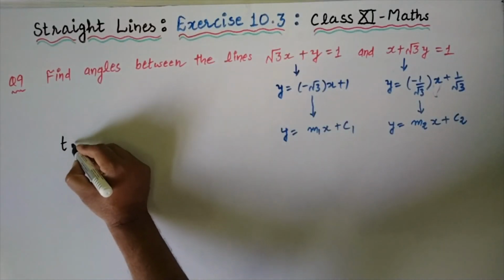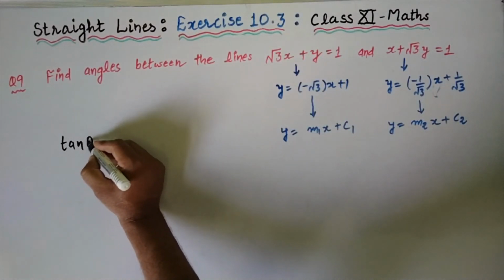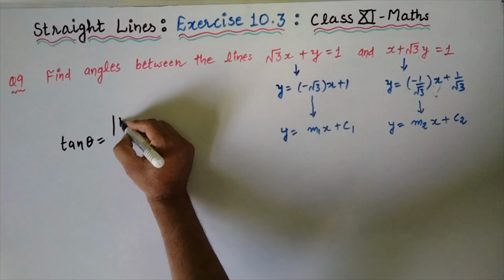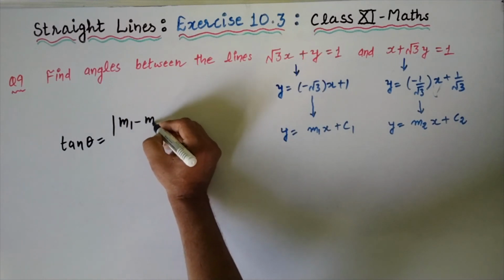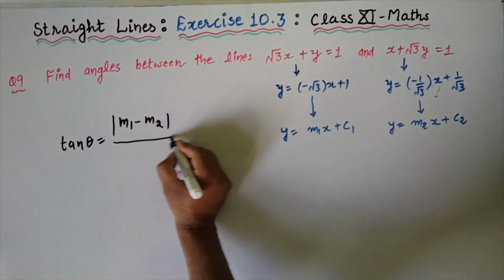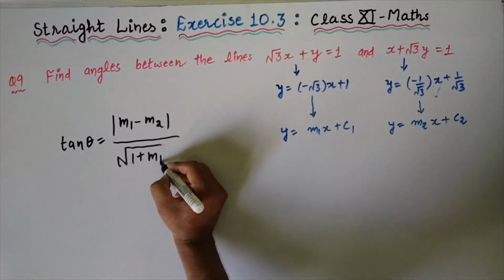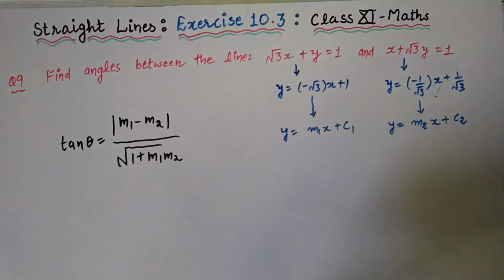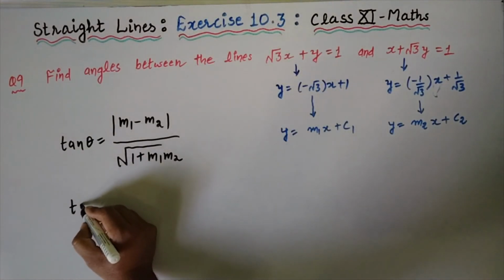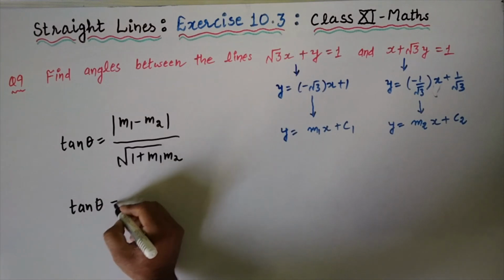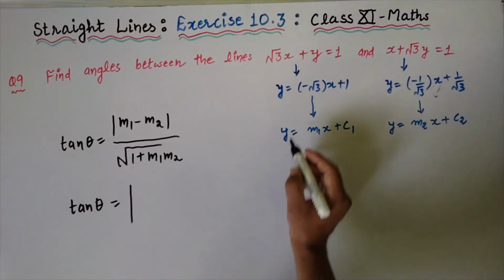Now the question is how to find the angle between the two lines. Suppose theta is the angle between the two lines, then we can write the formula: tangent of theta is equal to modulus of m1 minus m2 whole divided by 1 plus m1 into m2. Like this we can substitute the values.